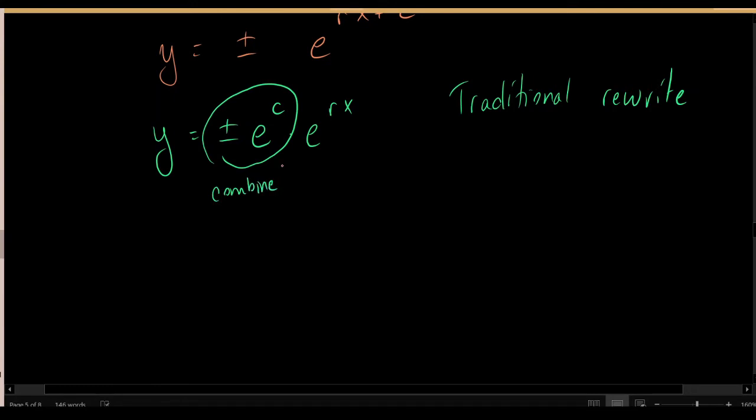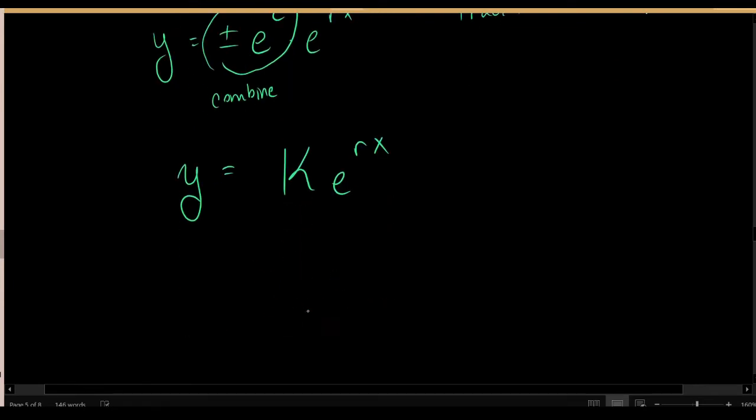If you raise e to some unknown real number, then you're going to get some other unknown real number. If you plus minus that, again, you're still just going to get some real valued constant. So we combine this into an expression which is usually written in the form k times e to the rx. I don't know why they're using k instead of c, but this is just tradition.